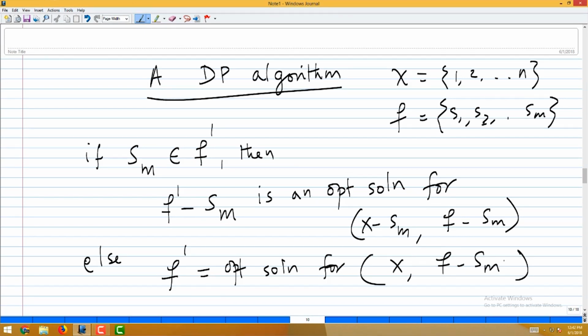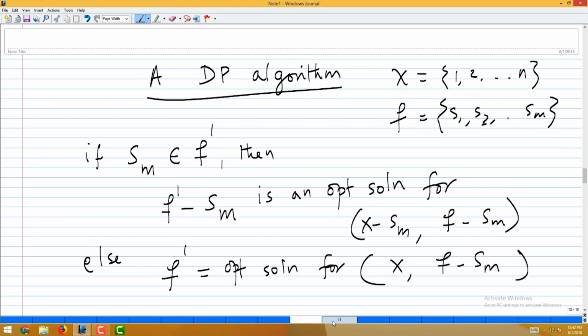So this is the optimum substructure property. If there were a better solution, then you would have picked that in your overall optimum solution also. Okay, that is the kind of argument. So, this suggests the subproblems, this suggests the recursive formulation, right.